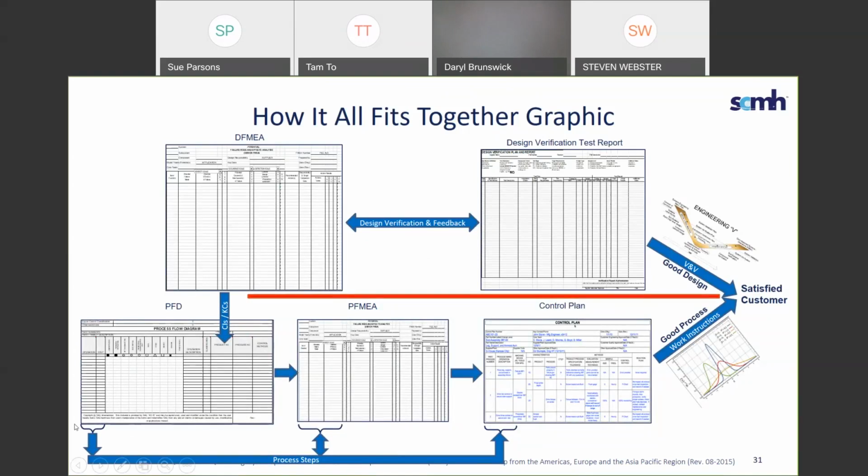Ultimately those process steps also get pushed over into the control plan, and then you focus on all the different control strategies and methodologies that you would use to make sure that all of the risks are accounted for and controls are in place to ensure that you have a good process with solid work instructions. You can go to the other slide again.